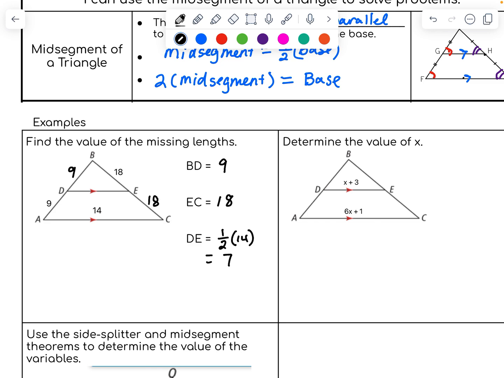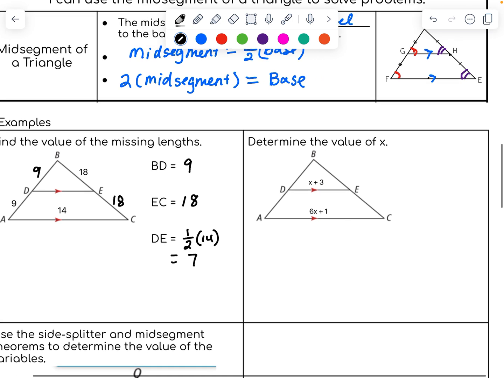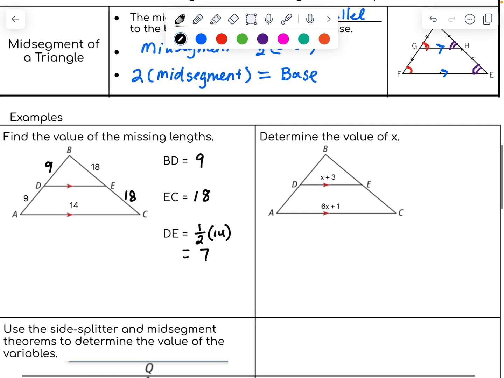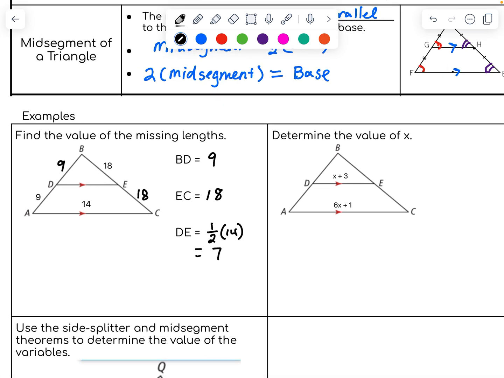Now, if we're solving for x using the mid-segment formula, this is where we always like to double it. If you remember, on the last one, this is basically x. We got 2x equals 14, so x equals 7.